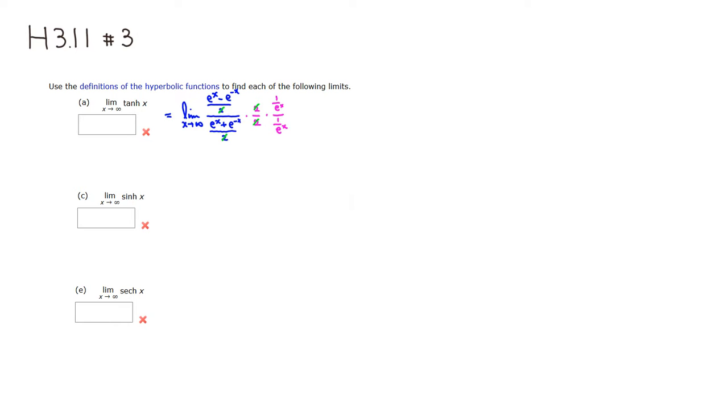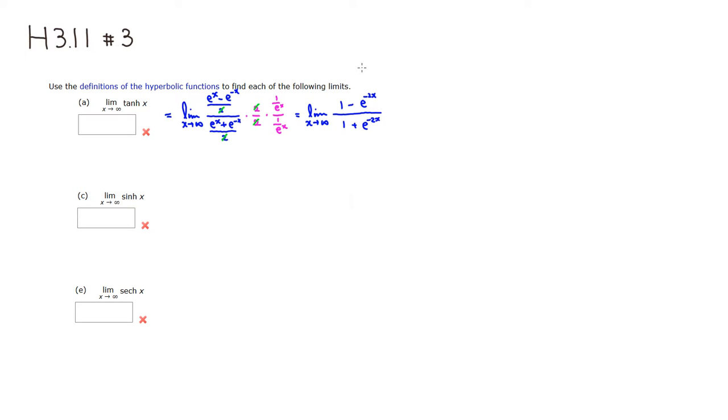So this simplifies to the limit as x approaches infinity. e to the x divided by e to the x is 1, and e to the negative x divided by e to the x is e to the negative 2x. The same goes for the denominator.